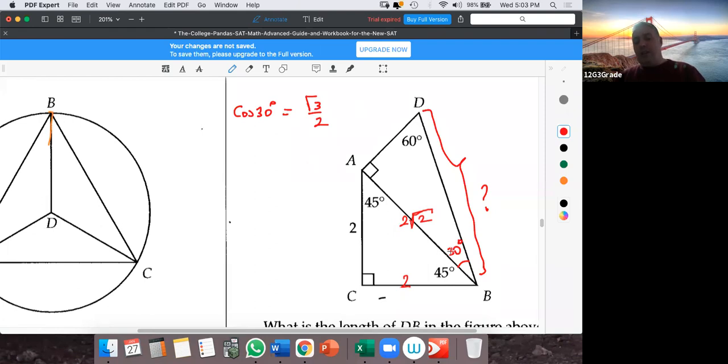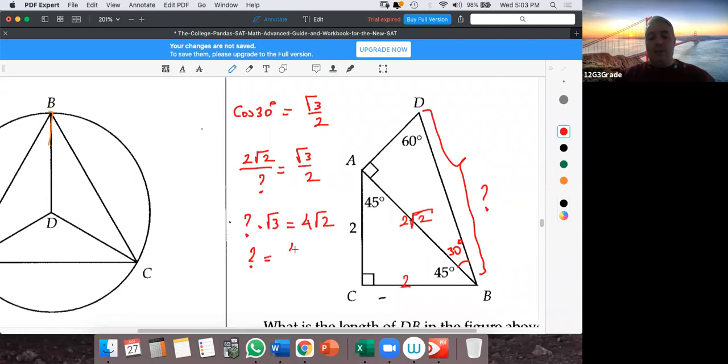So cosine means adjacent, root 2... no, 4 root 2, divided by hypotenuse, which is question mark. So this is root 3 over 2. And then how can you find the question mark? Question mark times root 3 is equal to 4 root 2. So question mark is equal to 4 root 2 over root 3.